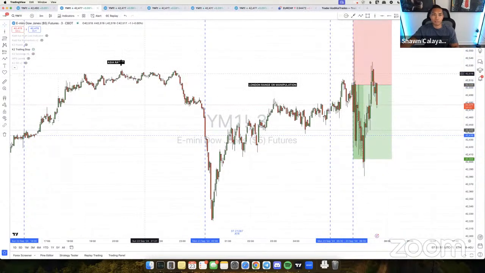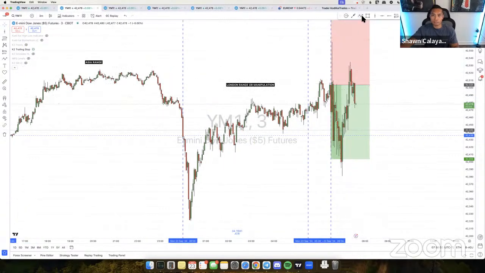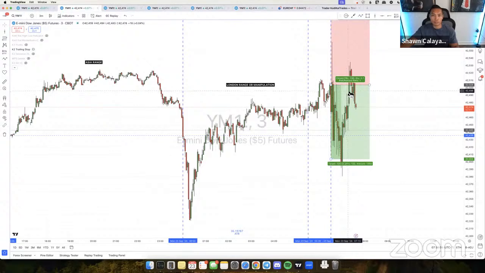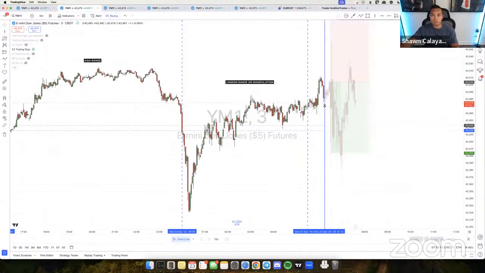If this was considered Asia range and London range, then for New York session it'd also be New York range, because if it ranges on two different sessions, it's going to range bigger in New York. However, if you see this as Asia range and manipulation, then you'd expect this to be a New York reversal, right?